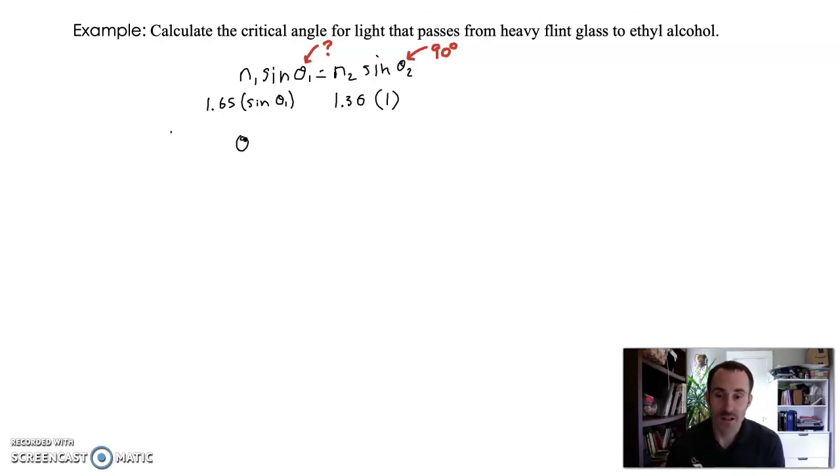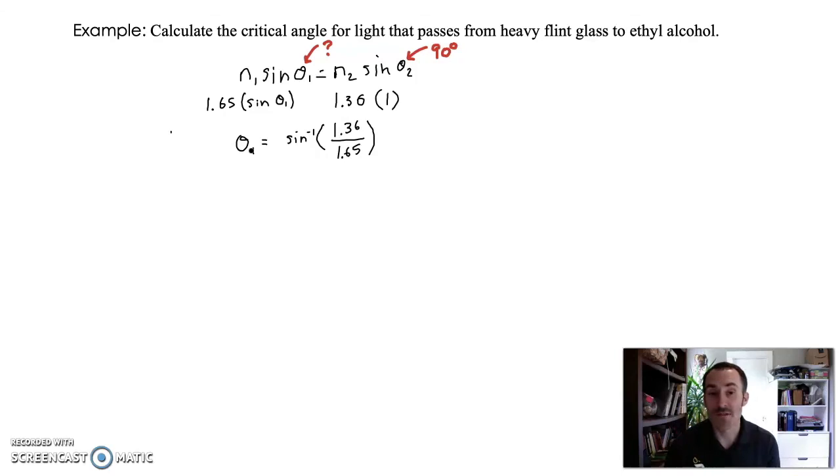So theta 1, or that critical angle, the angle of incidence, is equal to the inverse sine of 1.36 divided by 1.65. Multiplying by 1 doesn't really make a difference to the math. And you're going to find that it always works this way. You're just taking N2 divided by N1, and doing the inverse sine. That gives you the critical angle between two mediums.